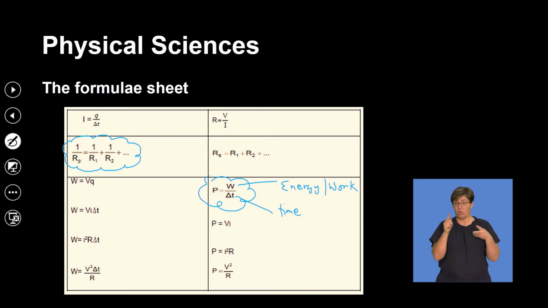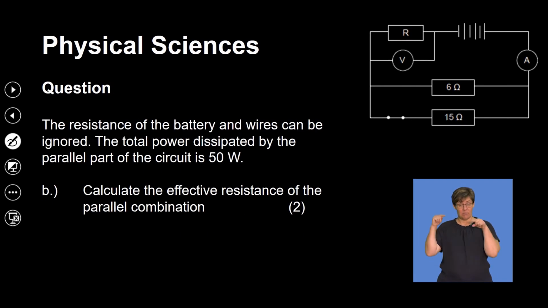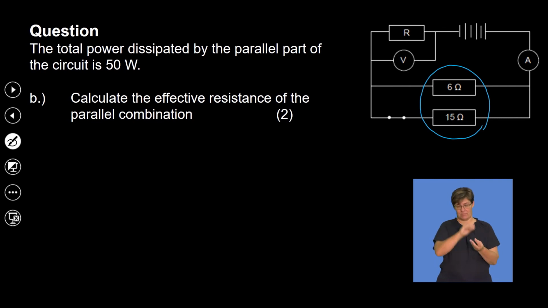But if there are two resistors in parallel, we can use even the product over sum. So R parallel is equal to the product, let's call this R1 and this one R2, 15 ohms, and then we would have R1 multiplied by R2 divided by R1 plus R2.